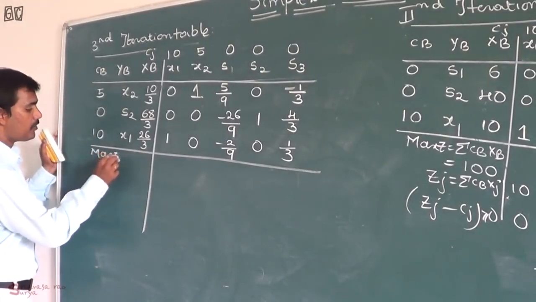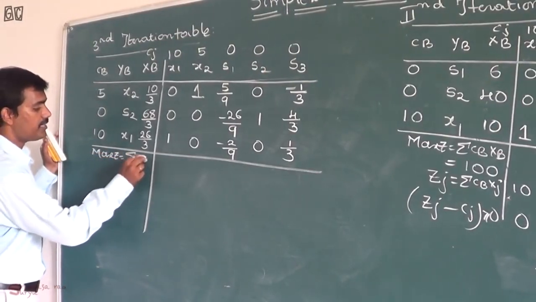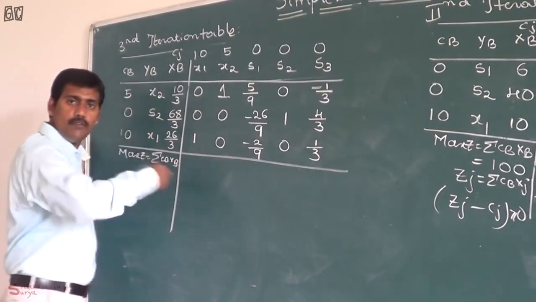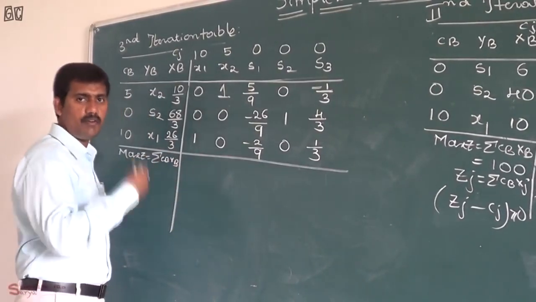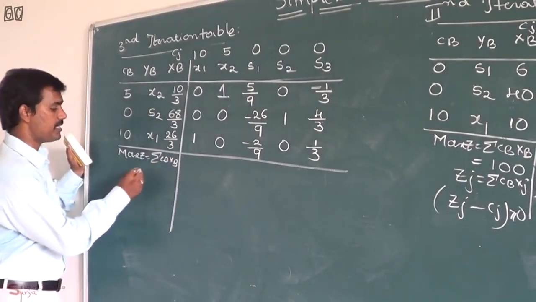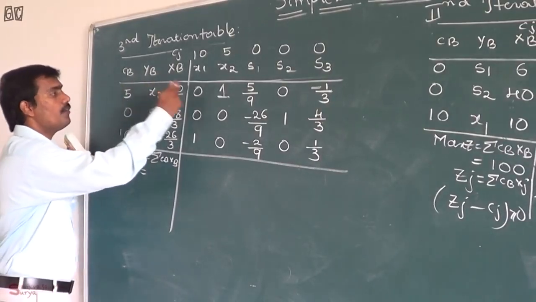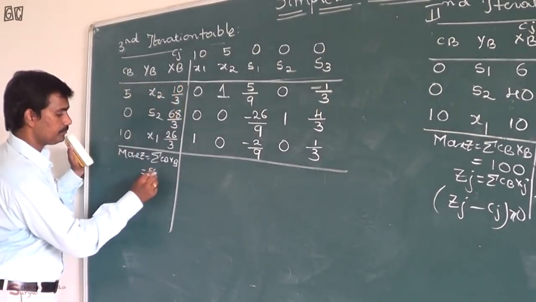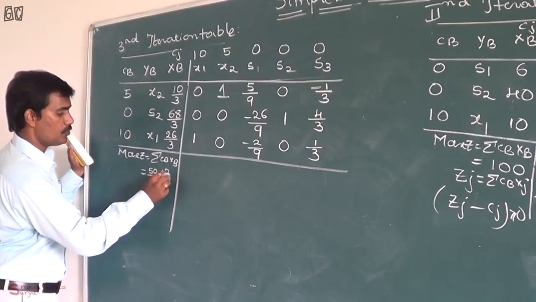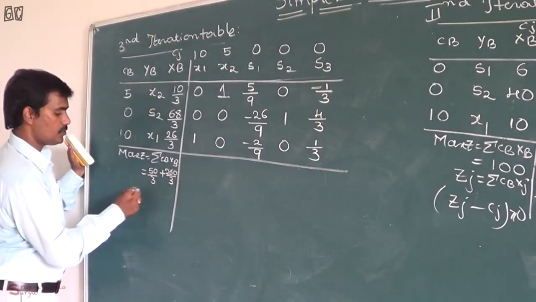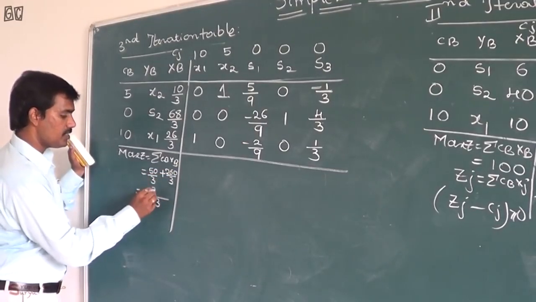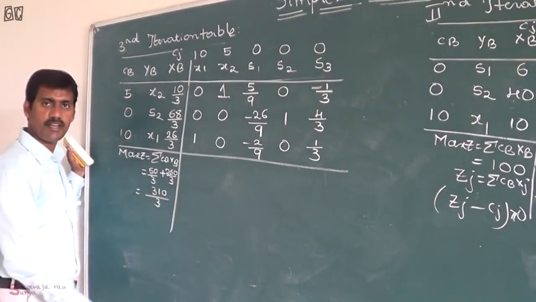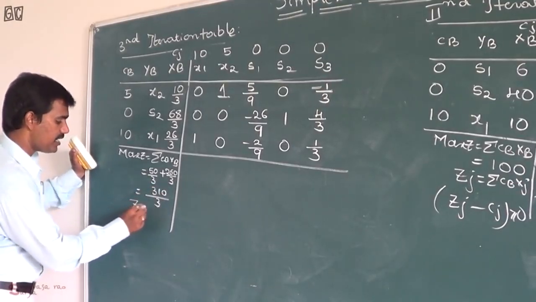So that's why this table is called the iteration table, that is we are going to repeat the same formula again and again. Summation CB into XB equals 50 by 3 plus 260 by 3. So the LCM is 3, that is 310 by 3, the final. And we have Zj.